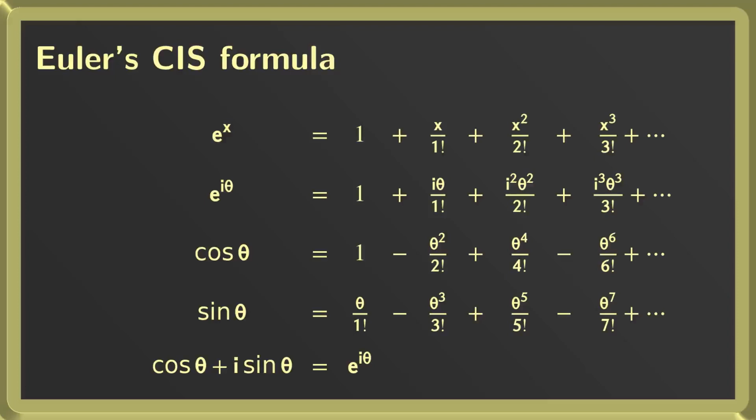He is a brave mathematician and replaces the real number x by a complex number i times theta. Here i is the imaginary complex number square root of -1. He then observes that the even powers of theta sum to cosine theta and the odd powers sum to i times sine of theta.